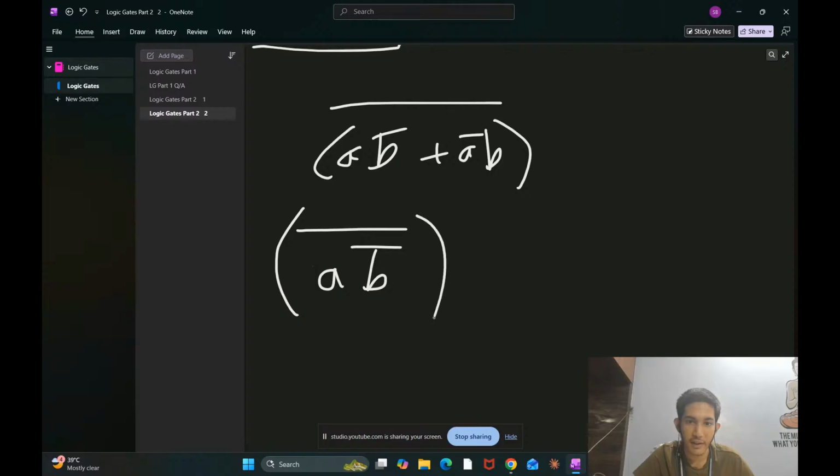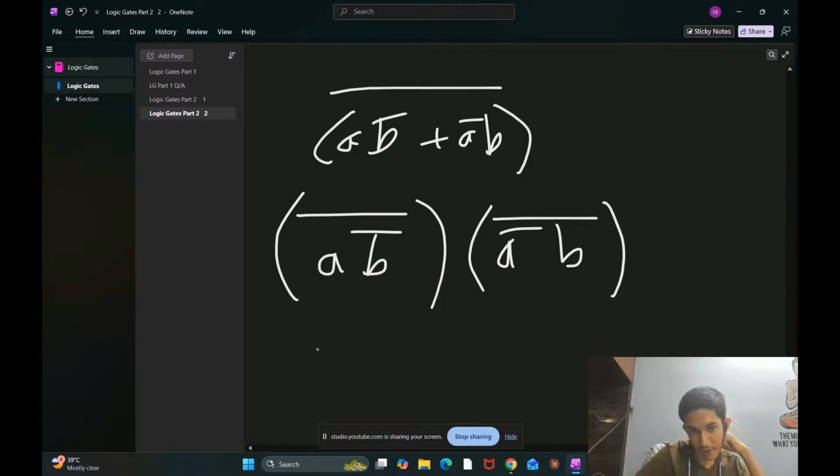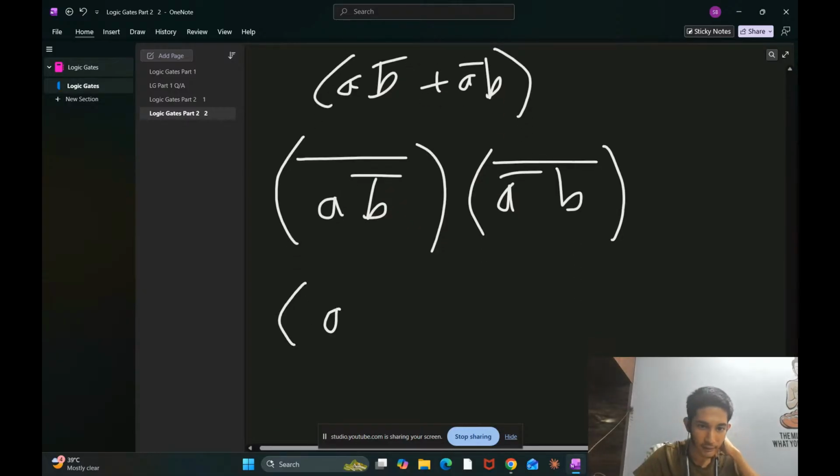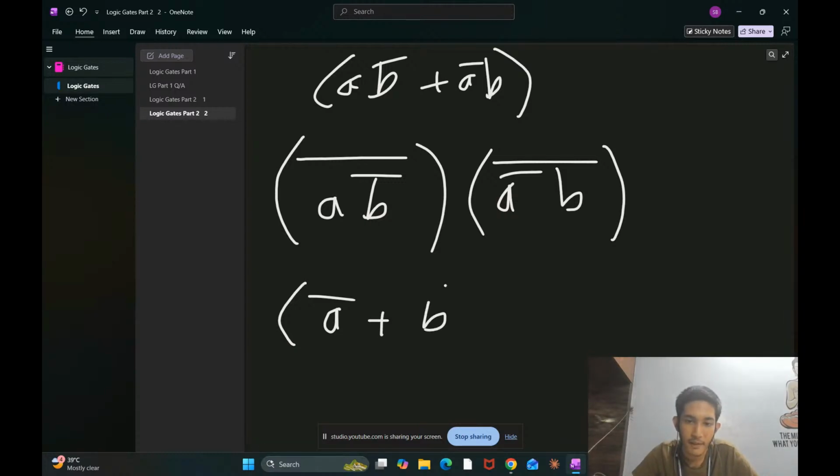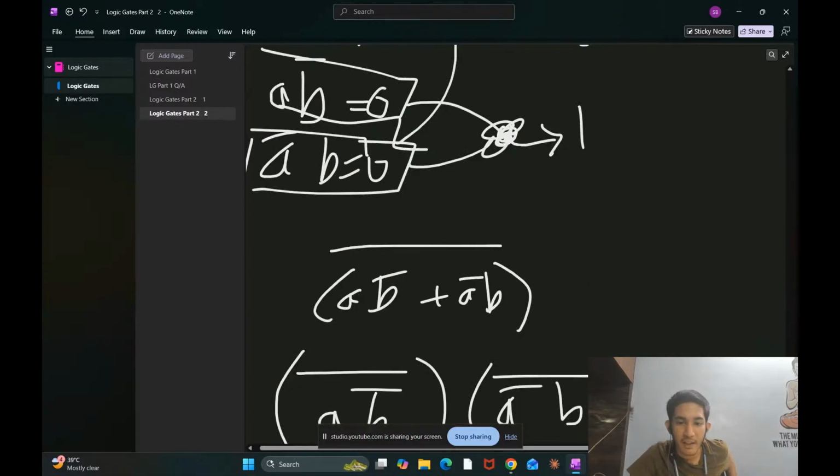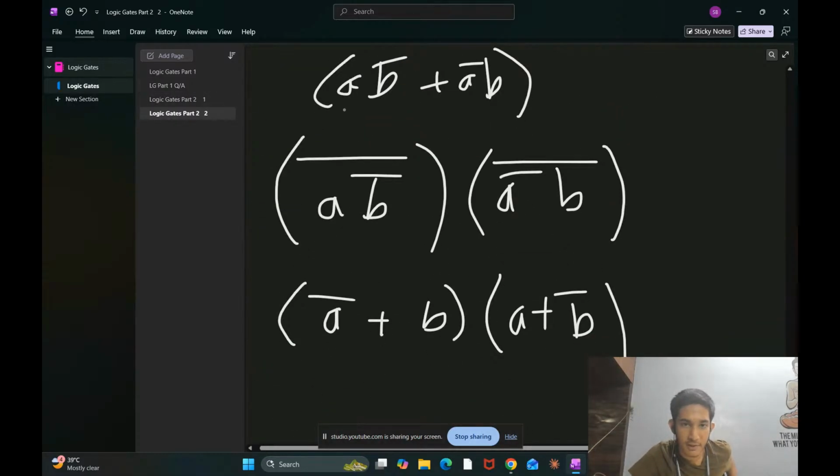So this times this one. Then De Morgan again said this: A naught plus B times A plus B naught. And notice, this is the exact opposite of this. We have just swapped all the and or.